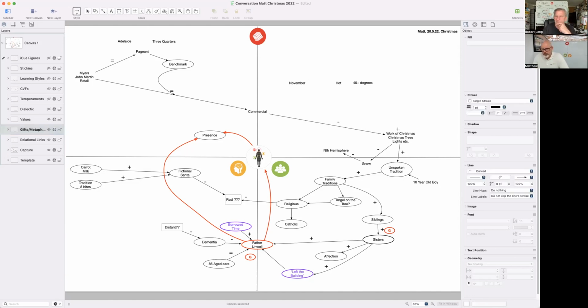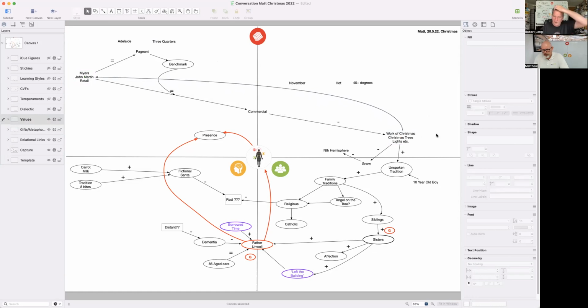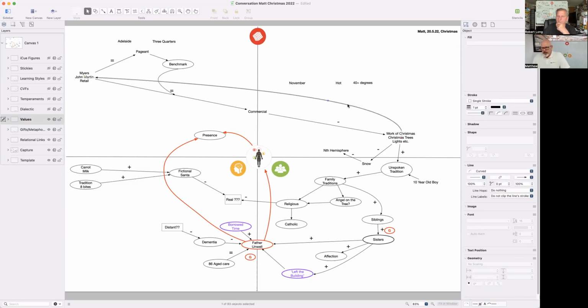Let's go back to John Martin's and ask ourselves, does he have a pure motive? Does John Martin's do this just to celebrate Christmas, or is there a commercial advantage out of this? Well, of course it's a commercial advantage. And however many years ago it was started, the pageant is not some sort of neutral event. It's to create business. It's to sell things. So we could easily loop that, but here's how the tool works.